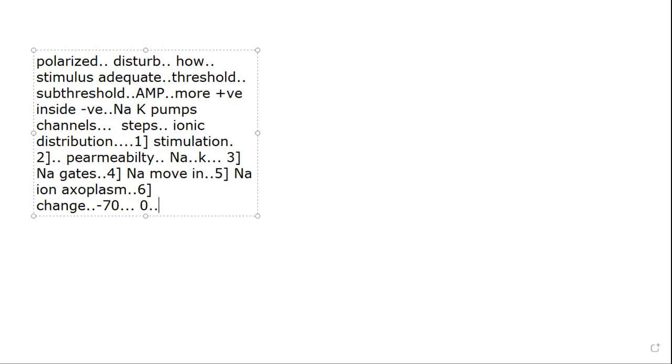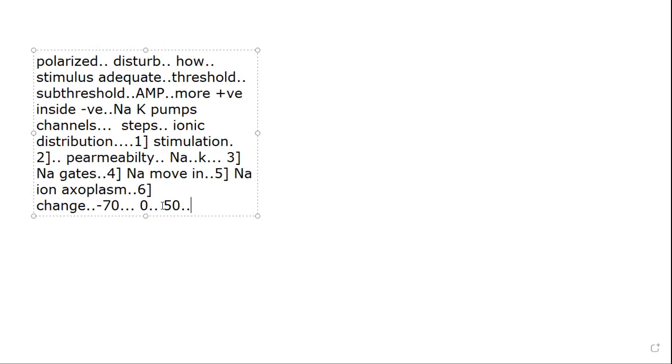That is, it is going to be neutralized. And then from 0, it is going to move to 50 millivolts. It means now it doesn't have a negative charge. A reversal of charges has taken place. This is what happens when the threshold has been applied.